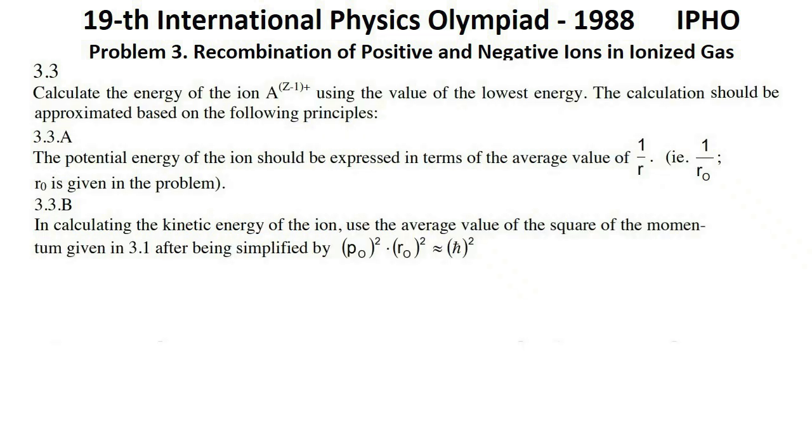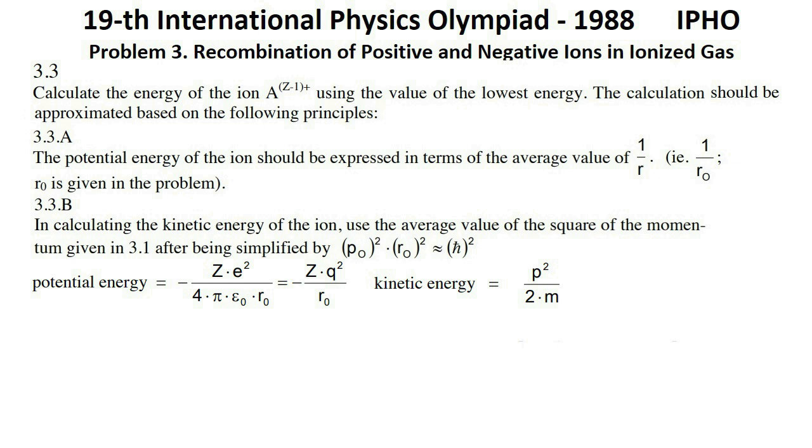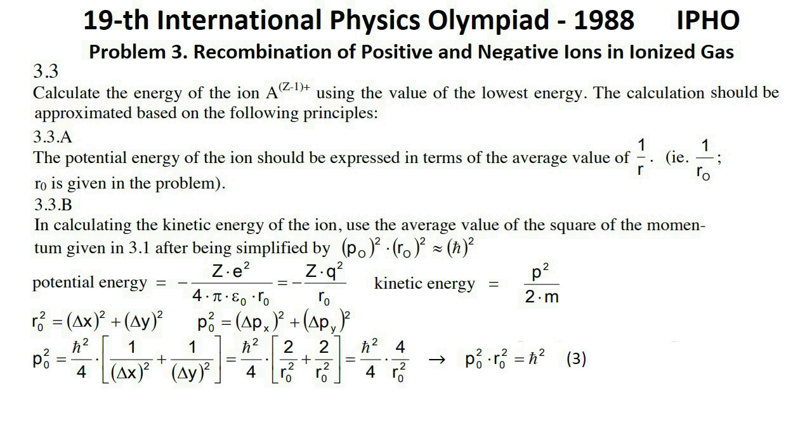Solution to question 3. Definition of energy of AZ-1 plus. Potential and kinetic energy are defined by the following expressions. If the motion of electrons is limited to the xy plane, the uncertainty principle of 3.1 can be written as follows. Hence P0 squared is equal to the following expression, which gives P0 squared R0 squared equal to h squared.